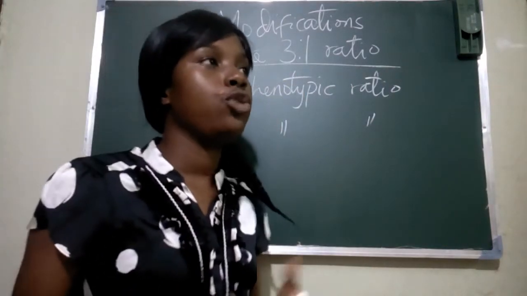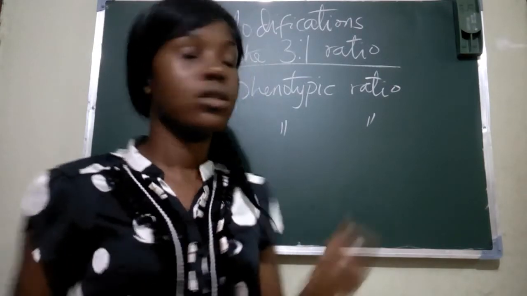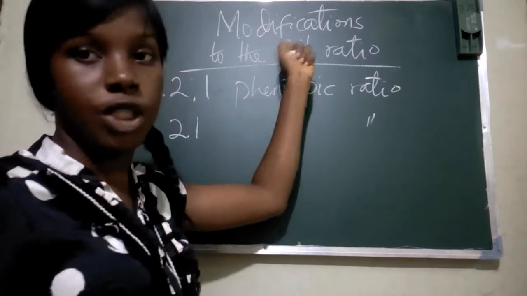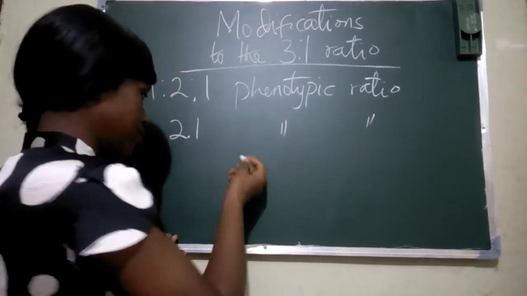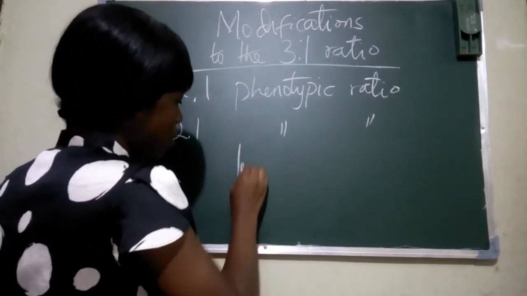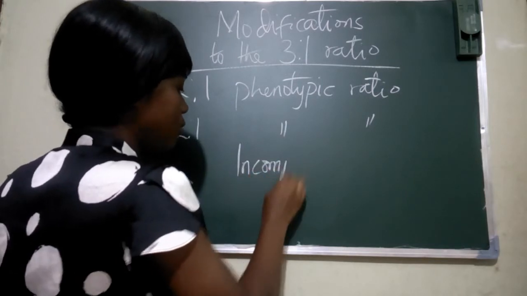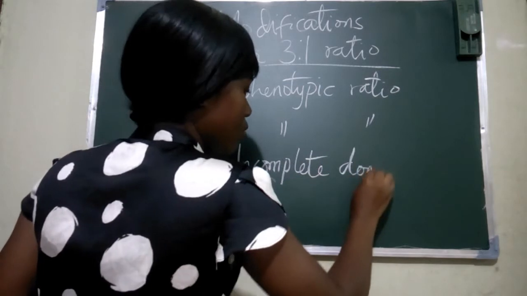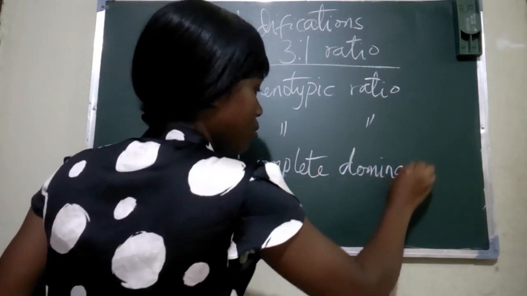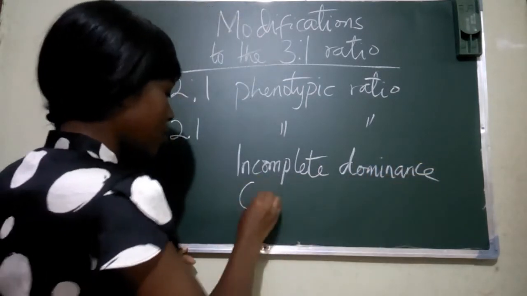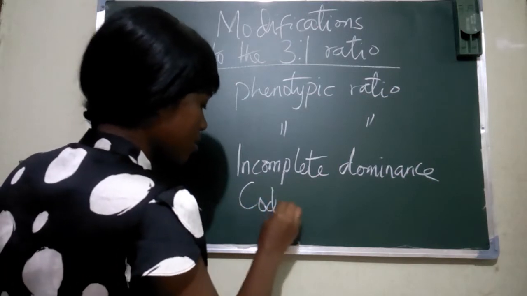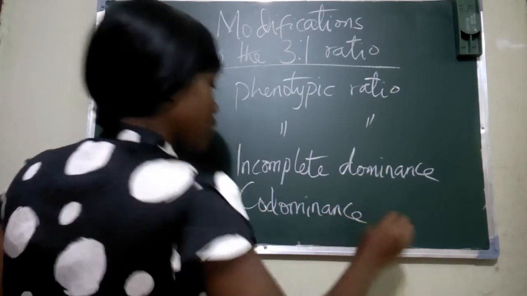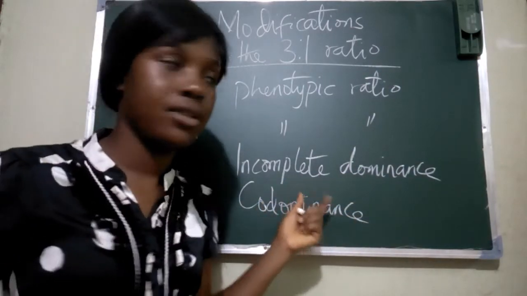Under the first, there are two phenomena that cause this modification to this ratio, and that is incomplete dominance and codominance. I'll be taking them one after the other.